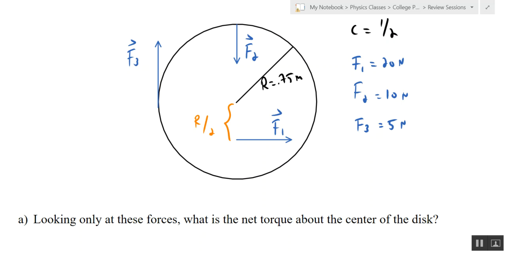Anyone have an answer? No? Okay, we'll see.